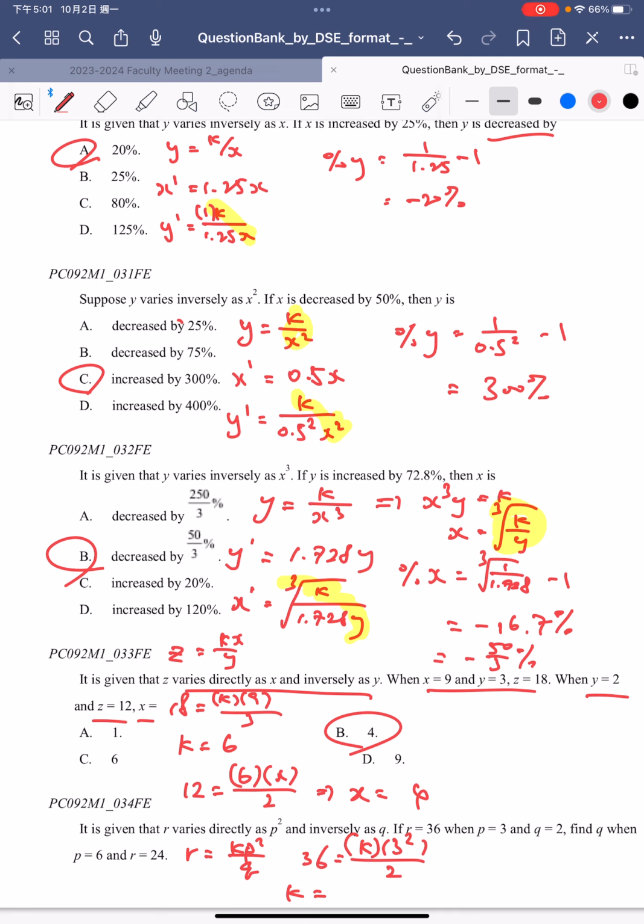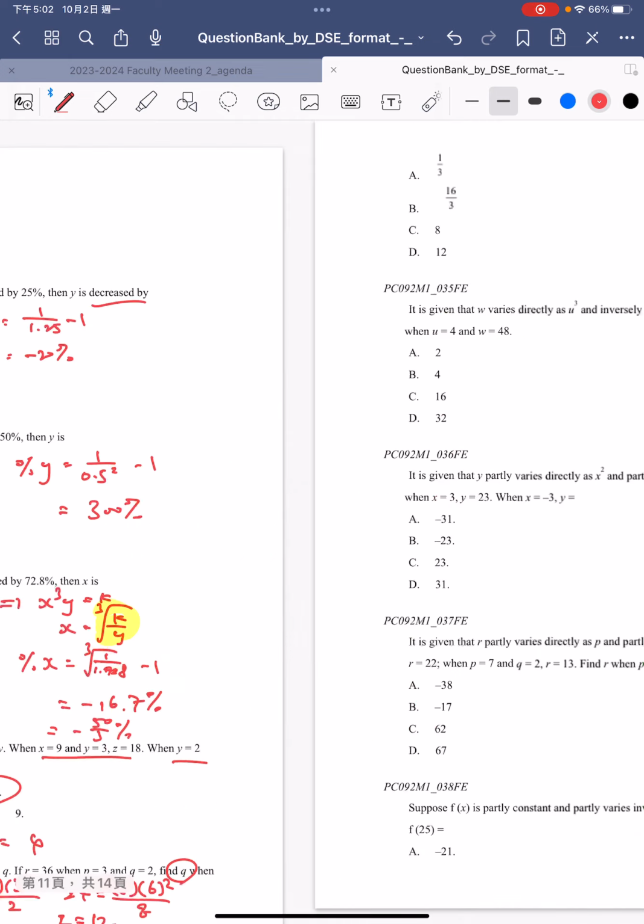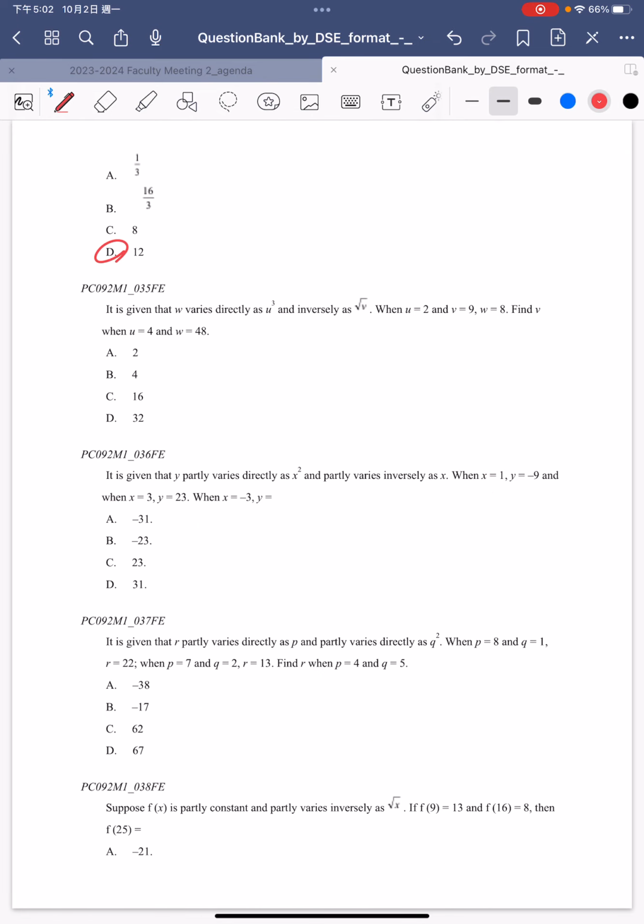So the variation constant is 36 times 2 divided by 9, so k is equal to 8. Then we want to find out the value of q. So we substitute r is 24, k is 8, and p is 6, so 6 squared, then we divide by q. So you can find out q is equal to 8 times 6 squared divided by 24, which gives you 12. So the answer should be D.